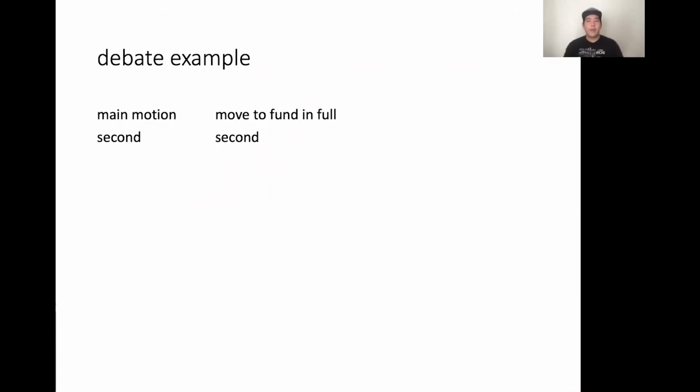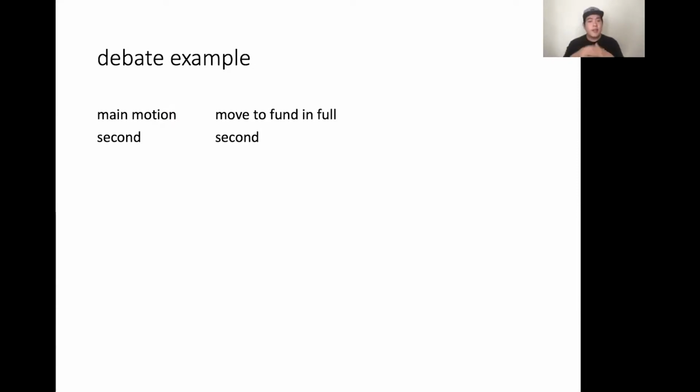And then there needs to be a second. The second is basically the 1800s version of the word "same." Basically you're saying, yep, I agree with you. That is the motion that I would have also made, or yep, I would vote yes on that piece of legislation. I am seconding you. I am in agreement with you.